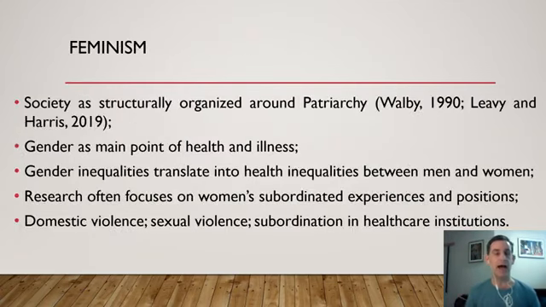Feminism is also a significant theoretical framework which is now being used in global public health. As you probably know, feminism takes a very macro look at society often, that society is structurally organized around patriarchy, ruled by the father, that society is organized largely around men's oppression of women and women's experience of the world and of health and illness and public health is experienced through male domination.